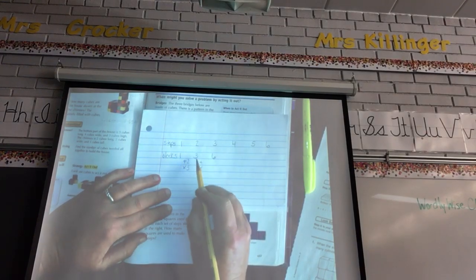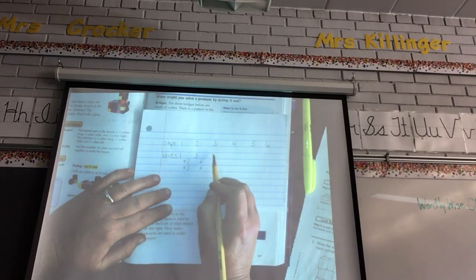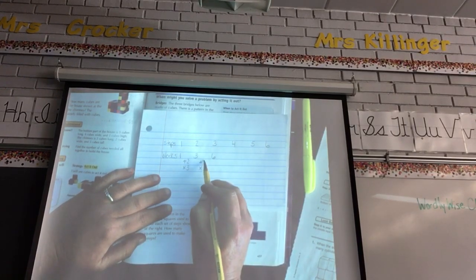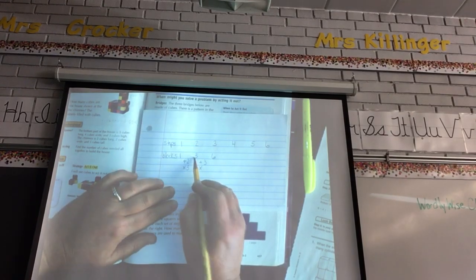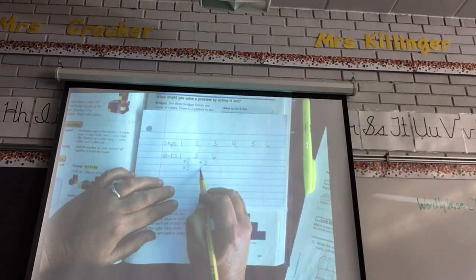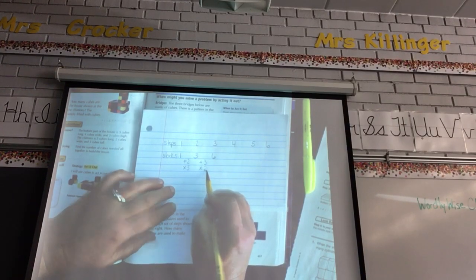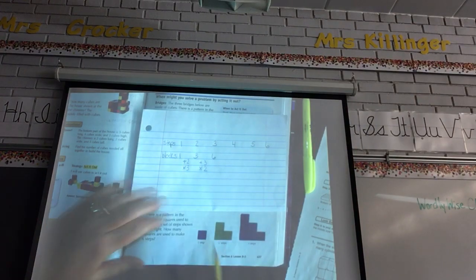Right here, step 2 gave me 3 blocks. What can I add to 3 in order to get 6? Well, I could add 3. What could I multiply to 3 in order to get 6? I could multiply by 2. So I do see a pattern here.